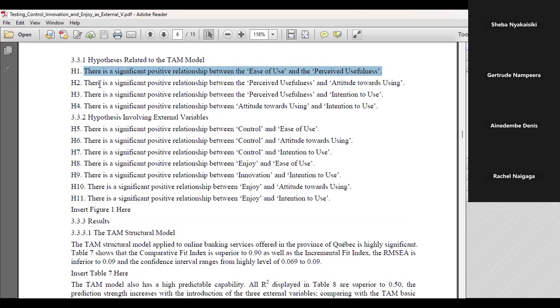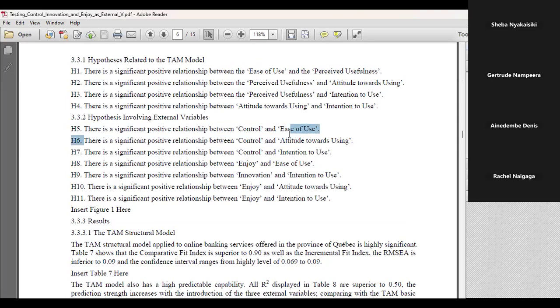There is a significant positive relationship between perceived usefulness and attitude towards using. All of these are hypotheses they are going to test. Then they go further, to the external variables, the control and so forth. There's a significant positive relationship between control and ease of use.